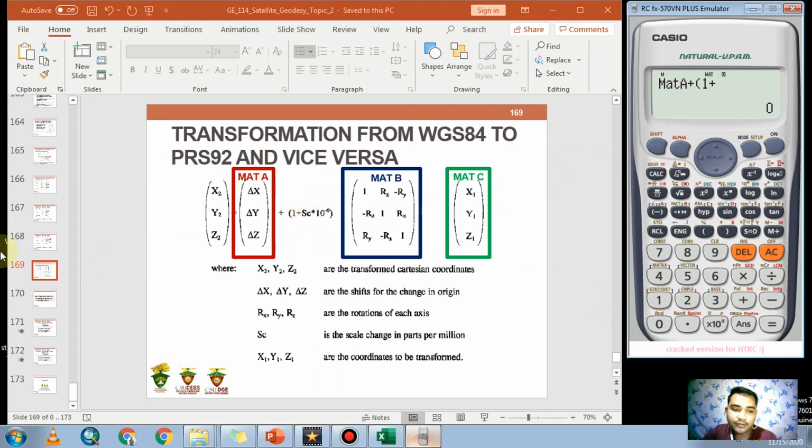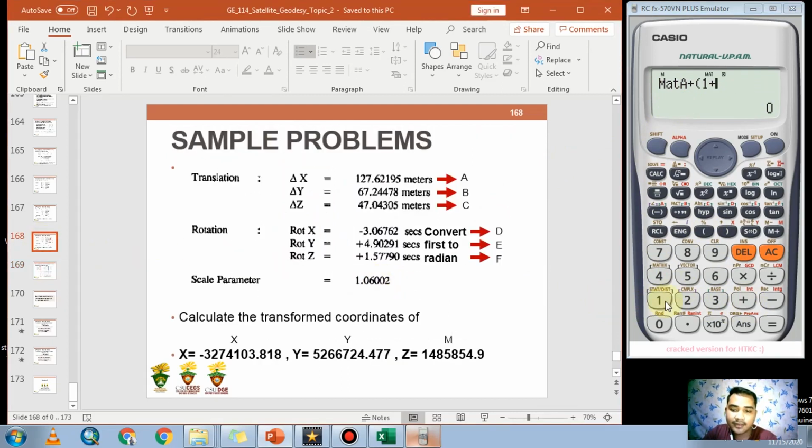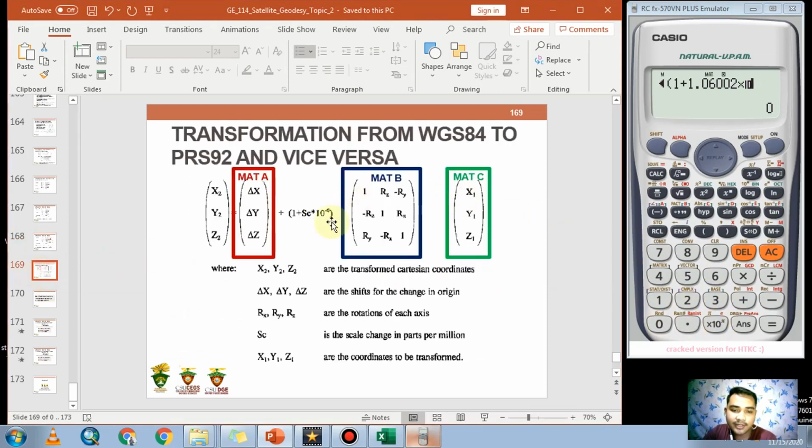Atong scale factor is, alright, tara, 1.06002 times 10 raised to the power of negative 6.